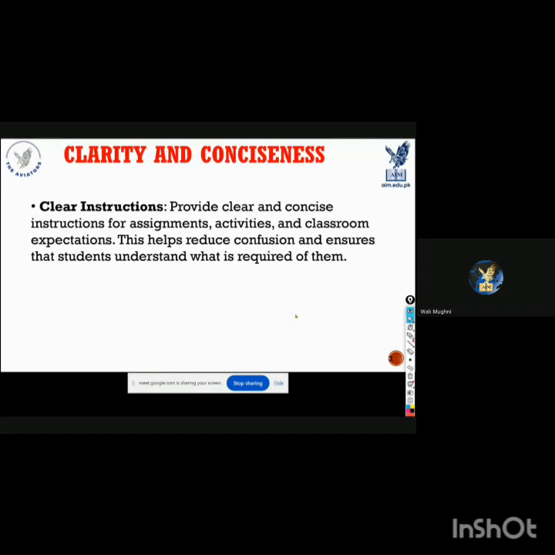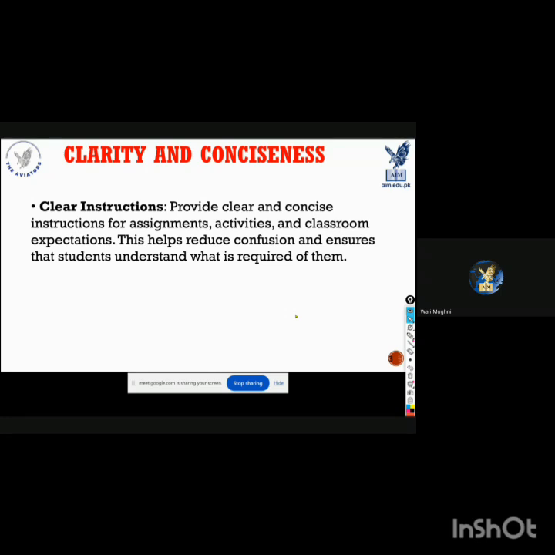So the first thing we really need to do is our delivery should be absolutely clear, and it should be comprehensively passing the information to the students. So the instructions must be very clear.